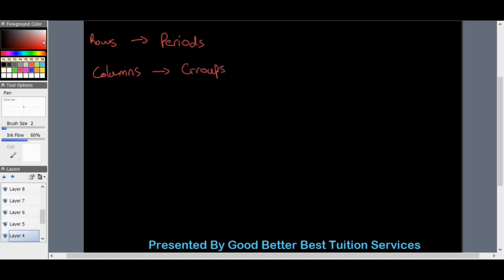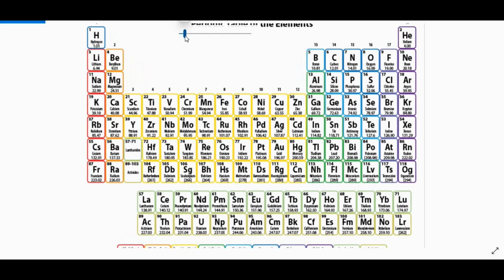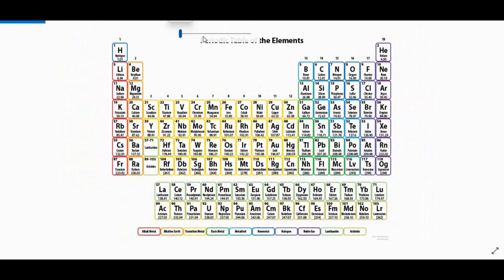Okay, so example, back to the periodic table. From hydrogen to helium, that would be considered a row. Here we have lithium, the beginning of row 2, going through to neon. That is row 2, or more specifically, period 2.